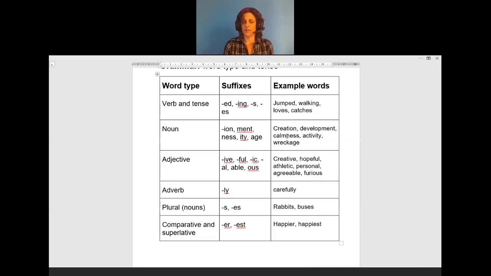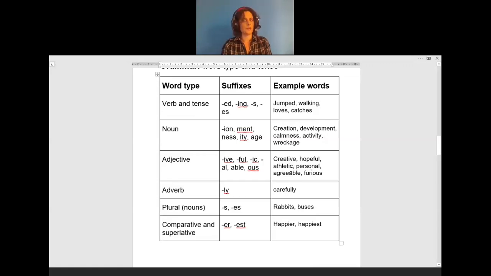Now, adjectives have these suffixes at the end: ive, ful, ic, al, able, and ous. And here's some examples of some adjectives. So adjectives describe things. So someone can be creative. They can be hopeful. They can be athletic. A thing, an item, could be a personal item.